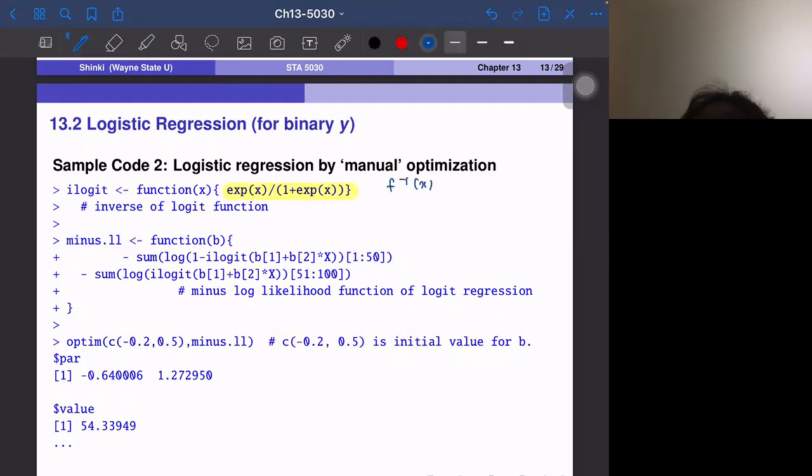So if we put the x beta inside the f inverse, then we take summation, then we can calculate the likelihood function. So you can see that this part is 1 minus f inverse of x beta. So that is beta naught plus beta 1 times x. So here beta naught is b of 1 and beta 1 is b of 2.